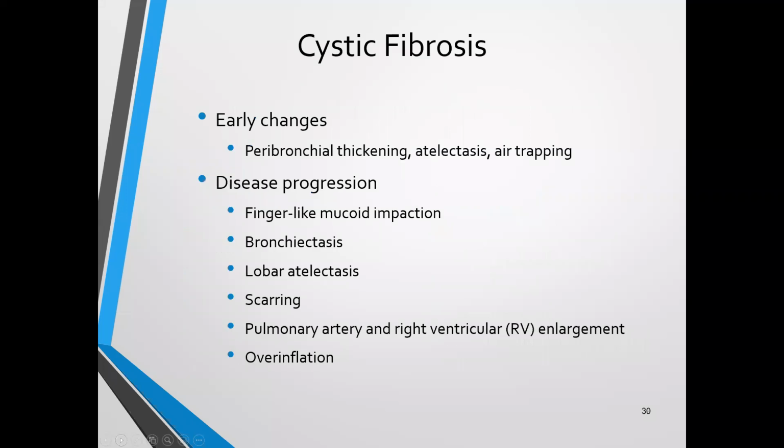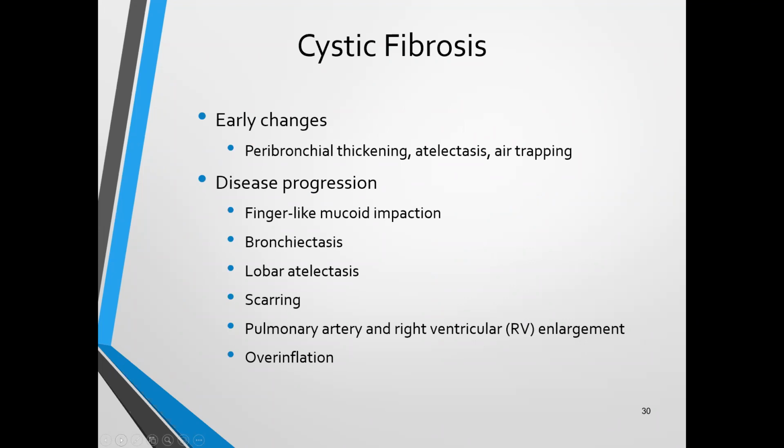Cystic fibrosis. You get these early changes and then a progression, but the early changes are peribronchial thickening, atelectasis, air trapping. Then as it progresses, mucoid impaction, bronchiectasis because of the repeated infections.